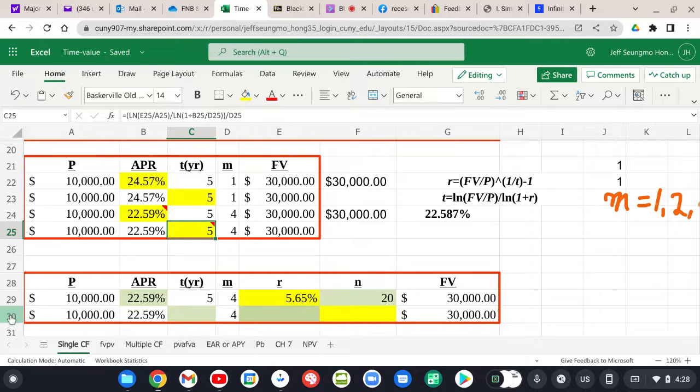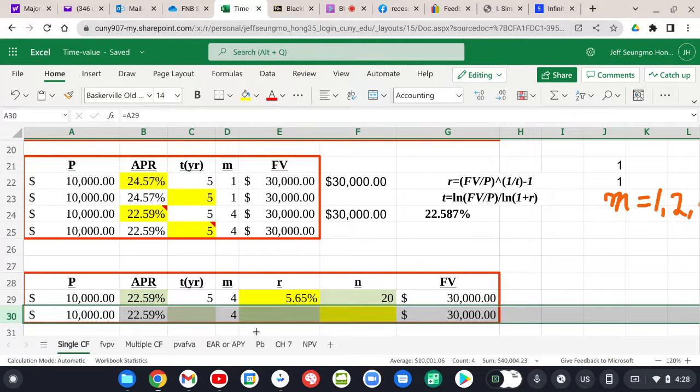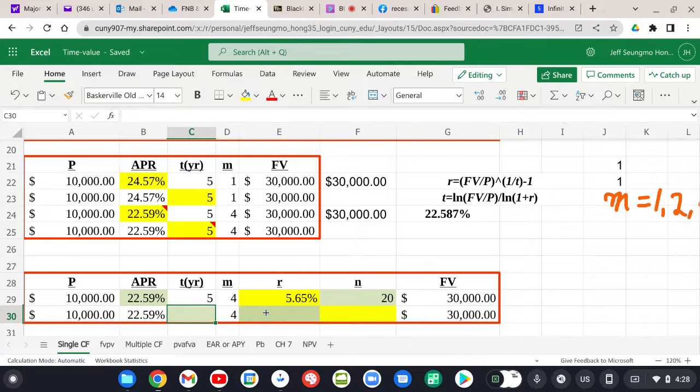Then 5. Now let's do it. Go to row 30 and let's use a simpler model. Just like yesterday, we have 2 more columns: the column for R, the periodic rate, and the column for N, the actual number of compounding.